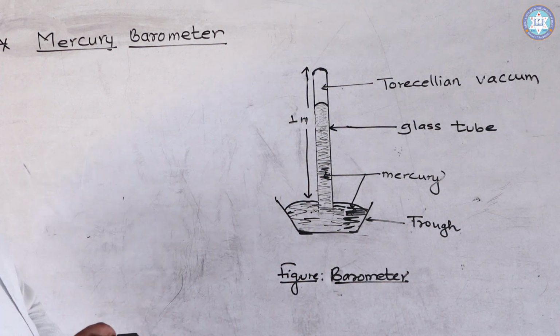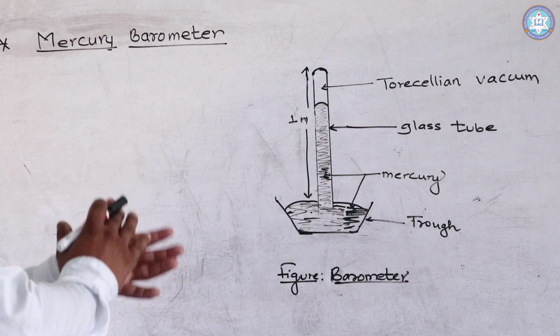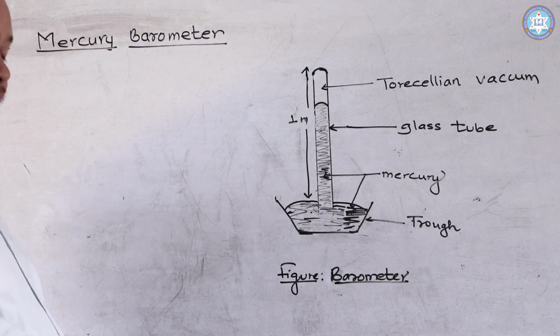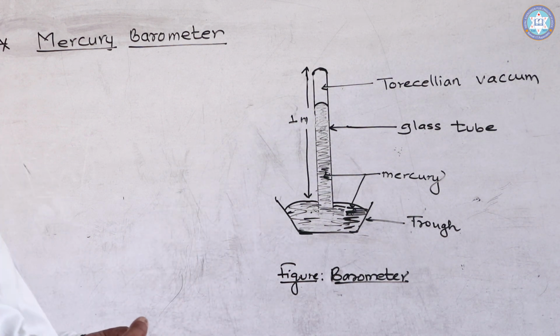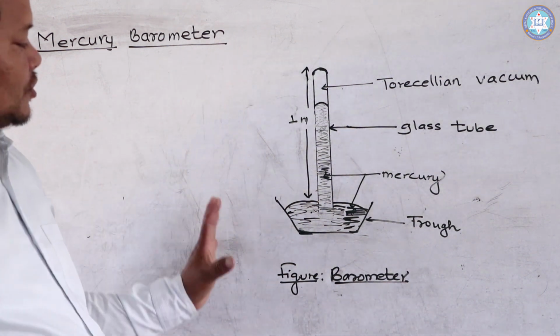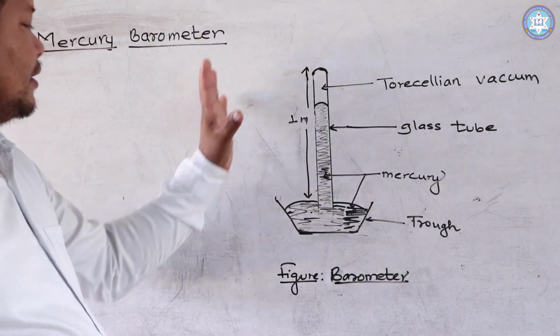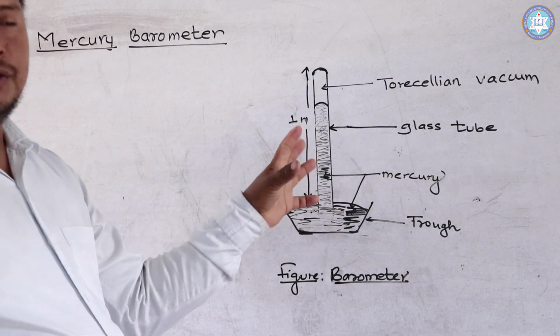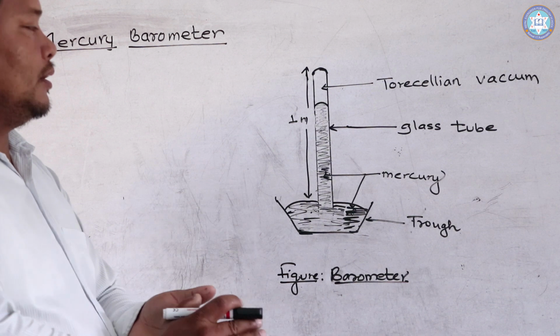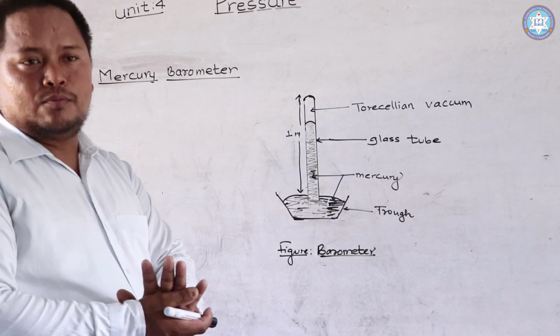This device was first invented by the Italian scientist Torricelli in the middle of the 17th century. This is the structure of a mercury barometer. It is called mercury because mercury is used. Mercury is one of the liquids, which is quite poisonous also.